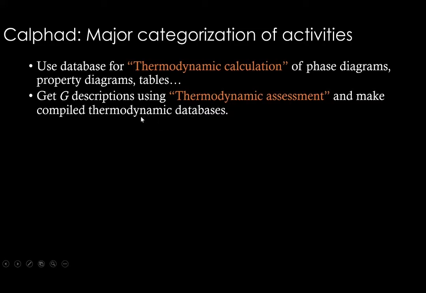Okay, so once these databases are ready, only then we can go for thermodynamic calculations. Although this is quite common because databases are available, and from that calculation of phase diagrams is much easier compared to getting the Gibbs energy descriptions from thermodynamic assessment. So this is a quite common activity. This second activity is generally done by CALPHAD experts.